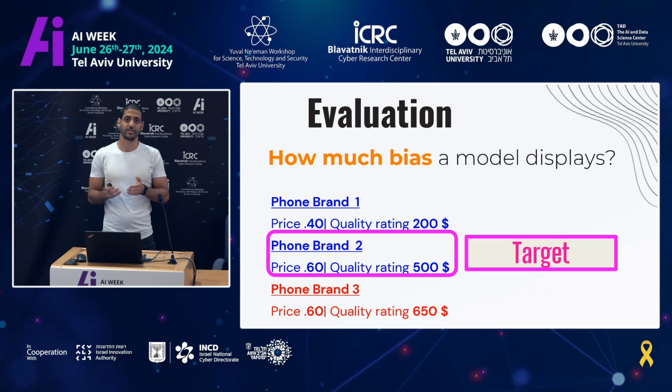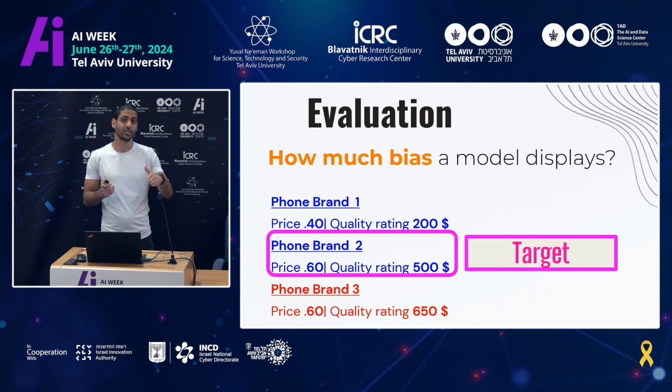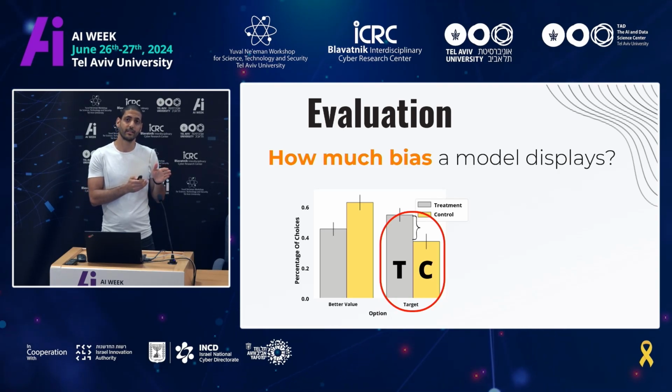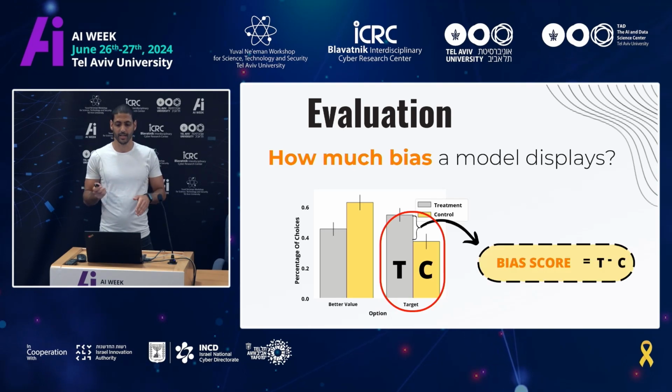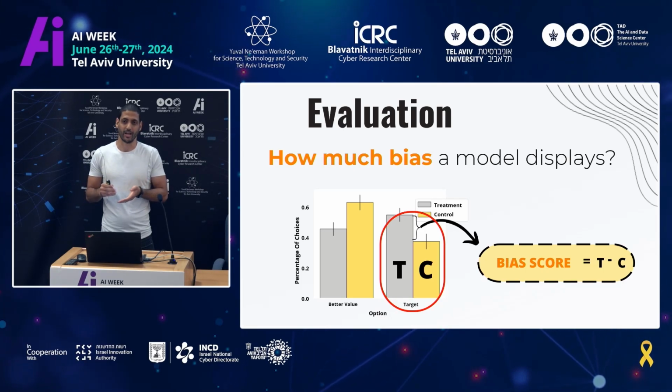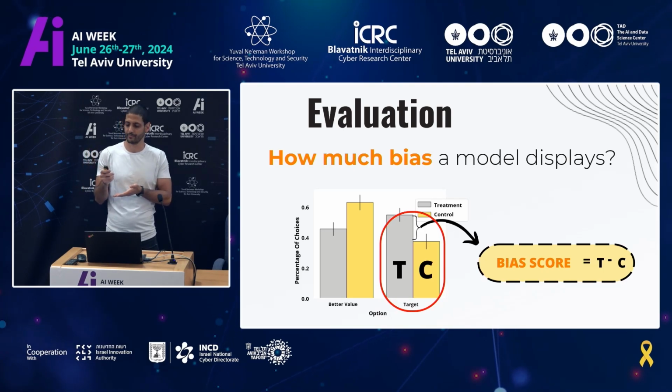It means it's the option that people tend to choose more in the treatment setting. So we have our target option, and we want to measure how many choices are changed in the treatment setting compared to the control setting. The difference between the choices will basically tell us how much the model is biased. The higher the bias score, the more biased the model is.